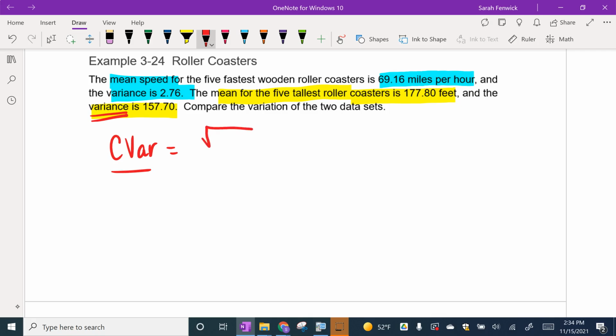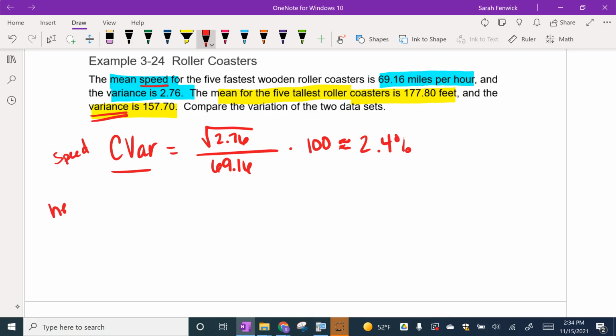So let's say for speed first, 69.16 and 2.76. The square root of 2.76 divided by 69.16 times 100 is approximately 2.4%.